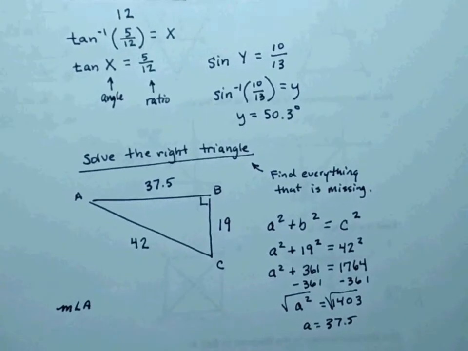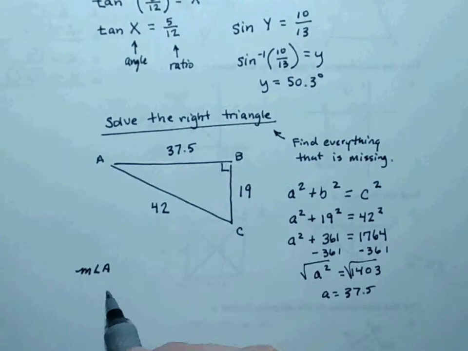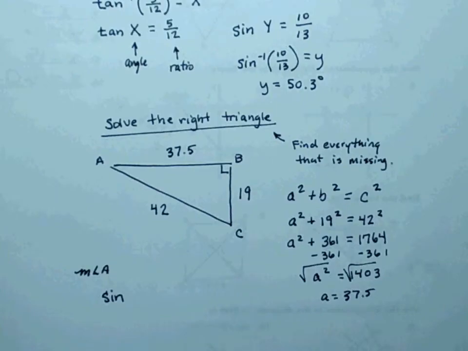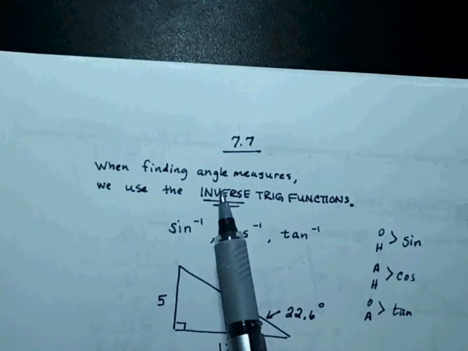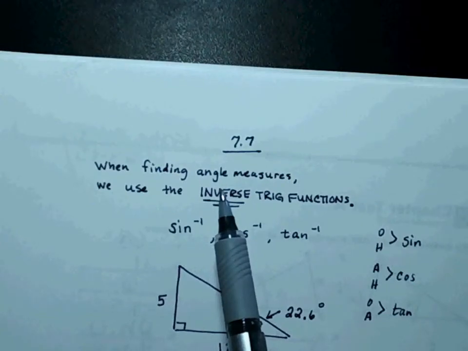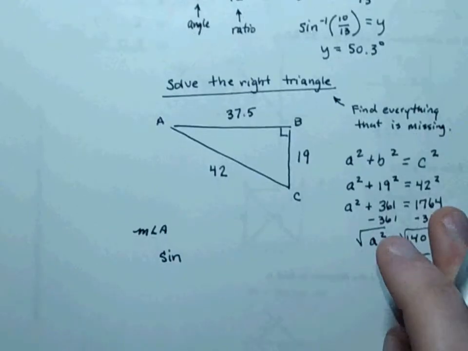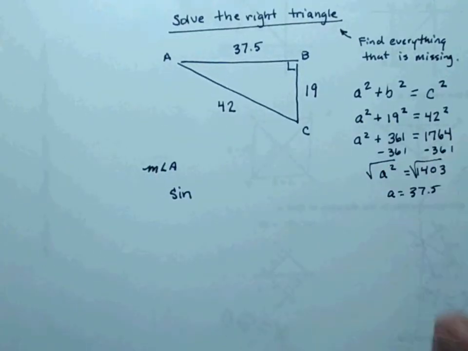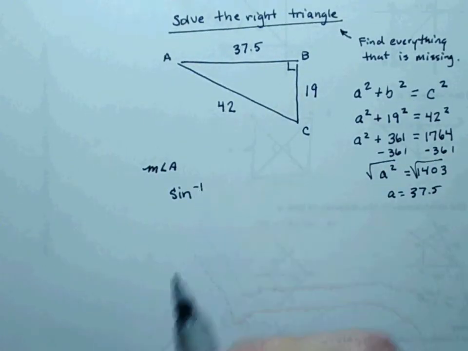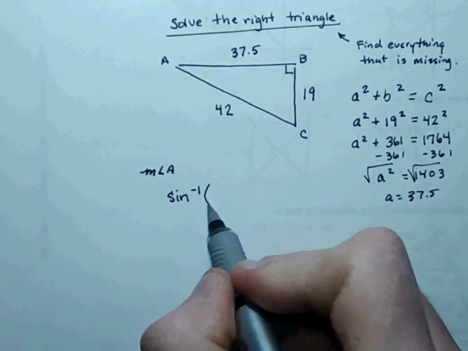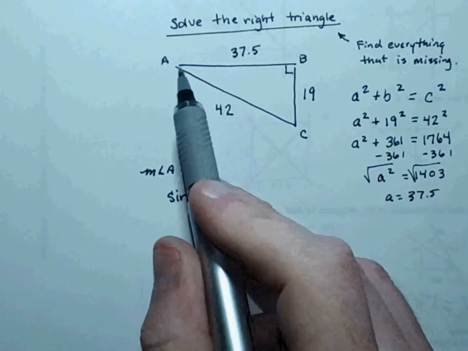I'm going to take sine, not of my angle, because remember, we're trying to find the angle measure. If we're finding the angle measure, we're going to use the inverse. So I'm not just using sine, I'm using the inverse sine. Remember, sine is opposite over hypotenuse.